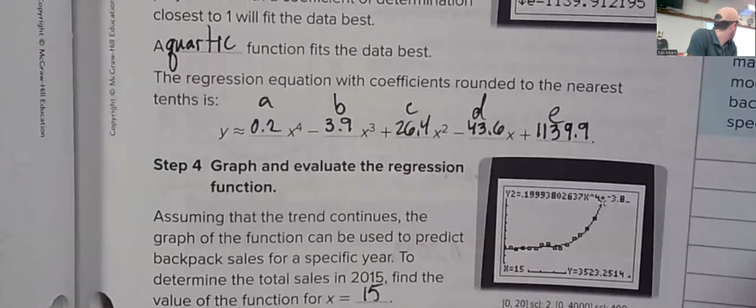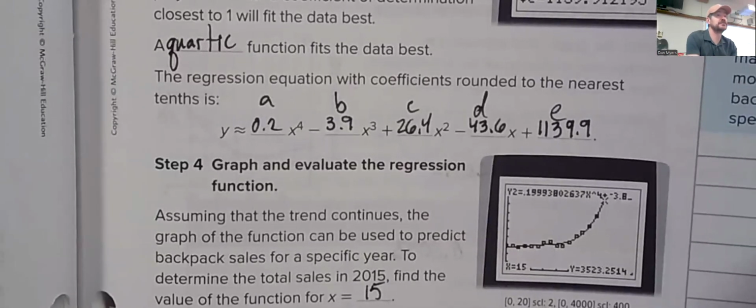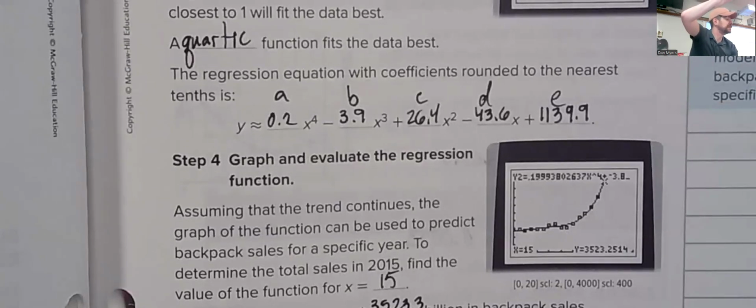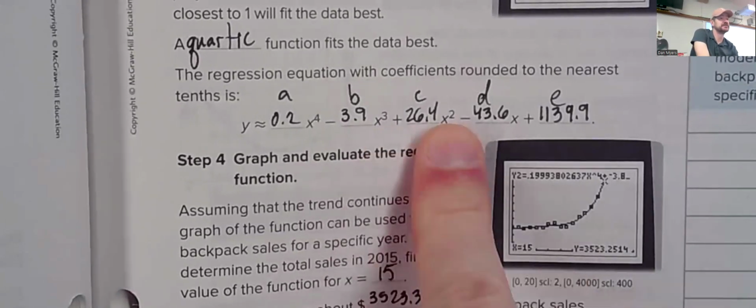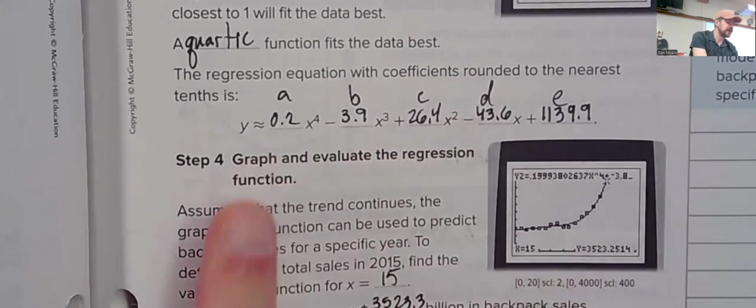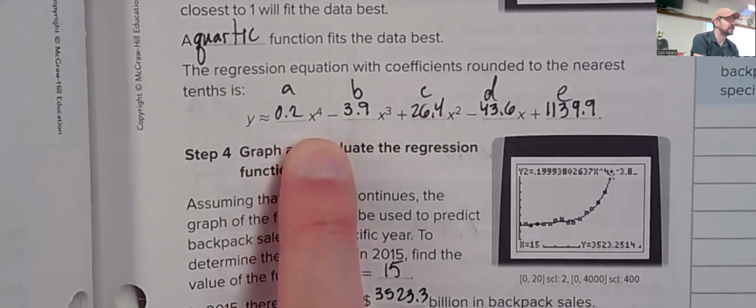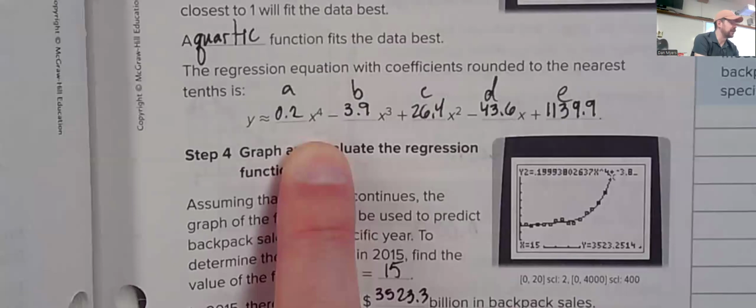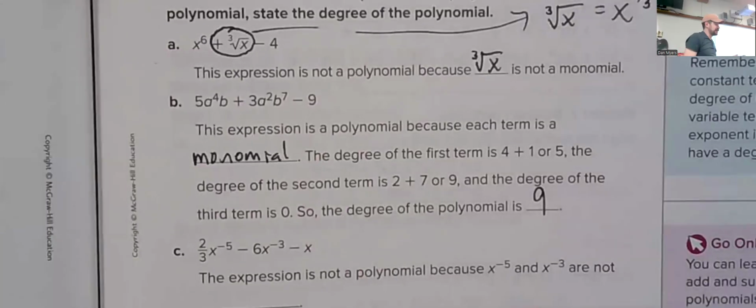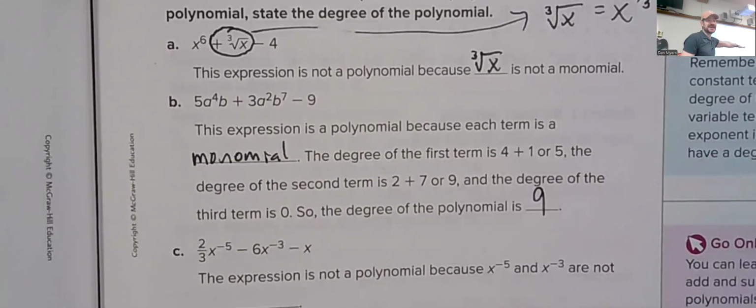Right here, this polynomial has a degree of 4, even though there were other terms with other exponents. The degree of the polynomial is always the highest amount of exponents within a single term, like the greatest single term with the exponents is always going to be the degree of the polynomial. And we saw that back with lesson 4.2 and lesson 4.1. So we're not going to add up all of the exponents throughout the entire polynomial. We're just going to take the single highest degree term, and that's the degree of the polynomial.